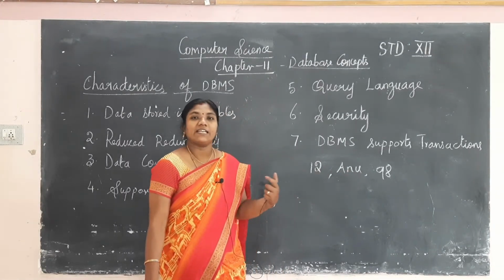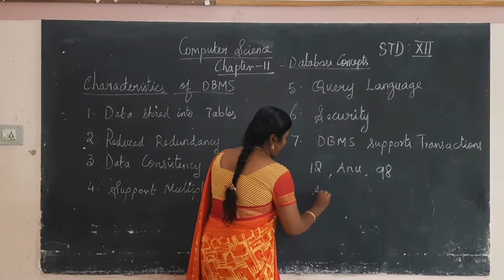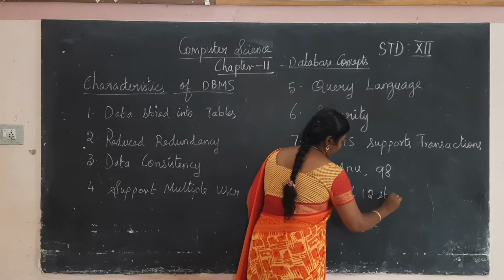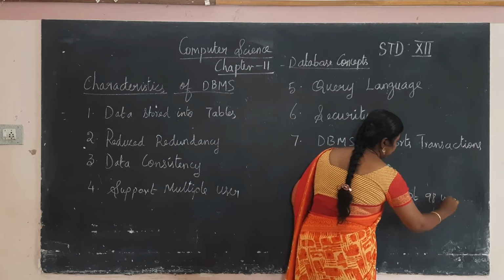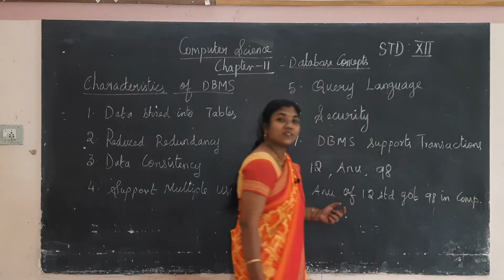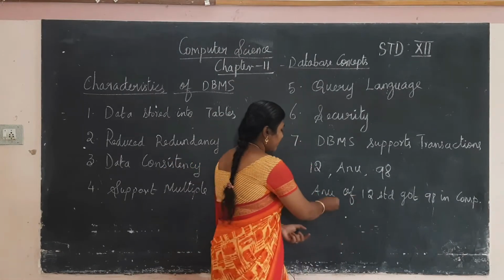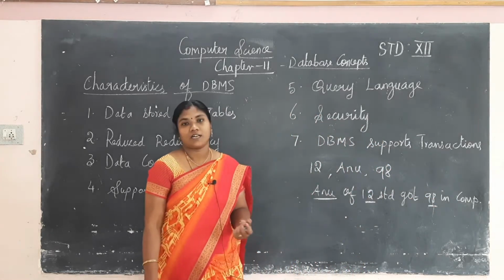When these three data combine to give information: Anu of 12th standard got 98 marks in computer. So this is information.